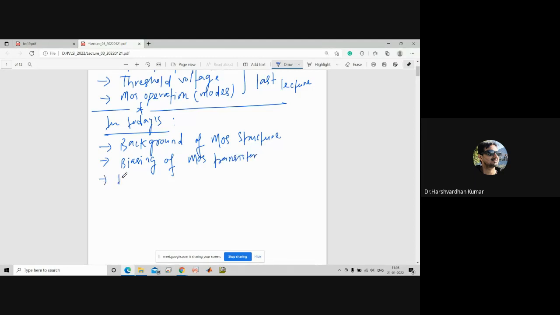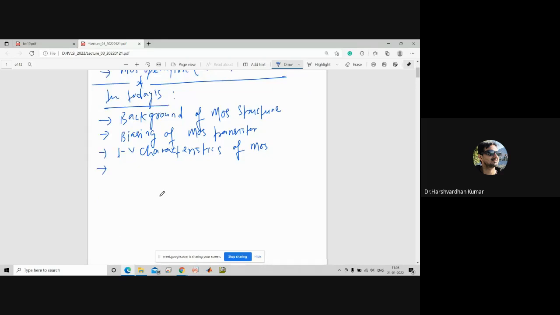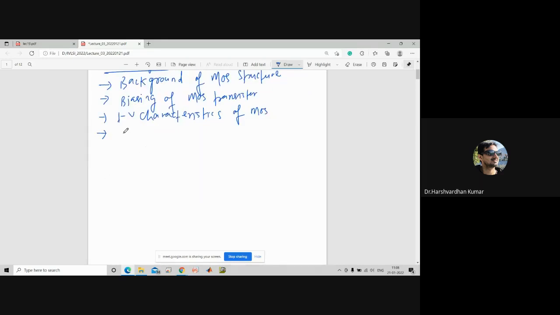Then we will see the IV characteristics of MOS. After that, we will see the energy band diagram of the MOS structure.